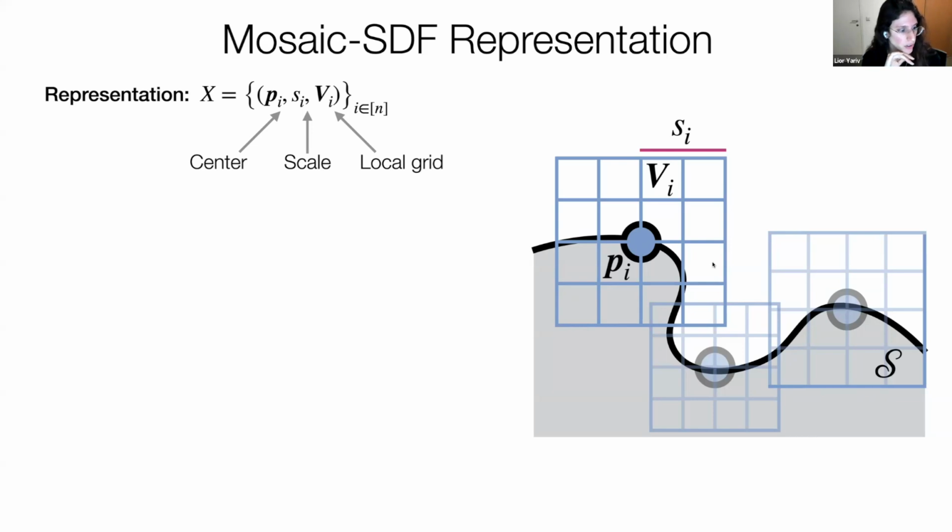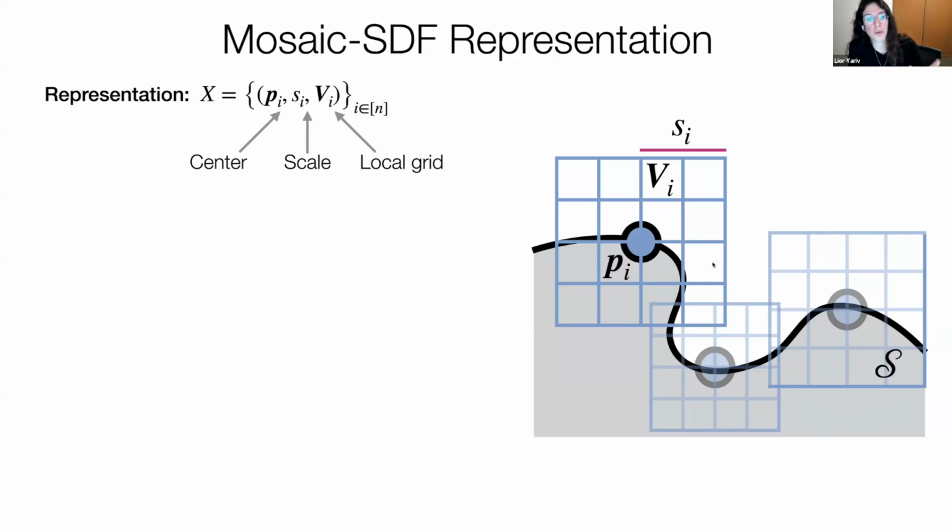I think someone has a question? Yeah, so P_i is a single value, V_i are n by n by n numbers, and S_i... Okay, so P_i is a position, so it's XYZ. It's a point in 3D, a center, so it is 3 values. S_i is one scalar value, and V_i is a grid, so it's M by M by M. Say I have a local grid of 7 by 7 by 7.